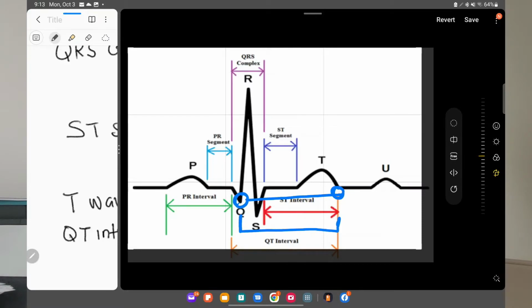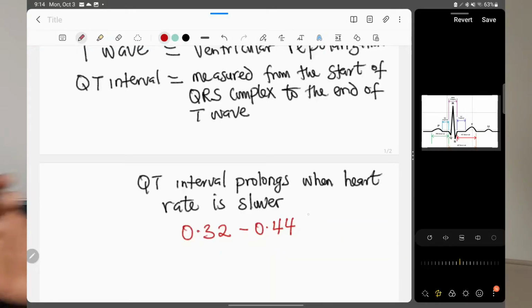The normal QT interval is between 0.32 and 0.44 seconds. It is usually prolonged when the heart rate slows. And the QT interval can be prolonged in cases where patients are taking some medications such as benzodiazepines and antiemetics. So there are some medications that can prolong the QT interval.